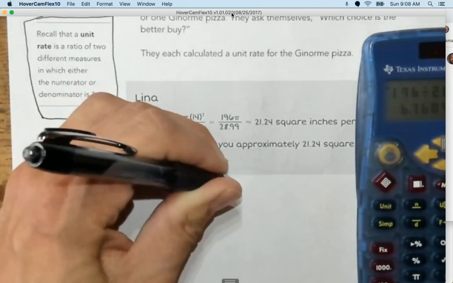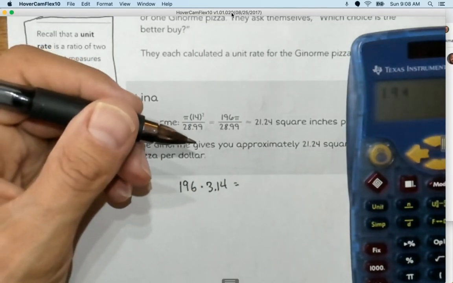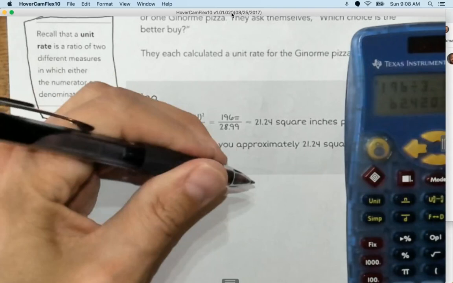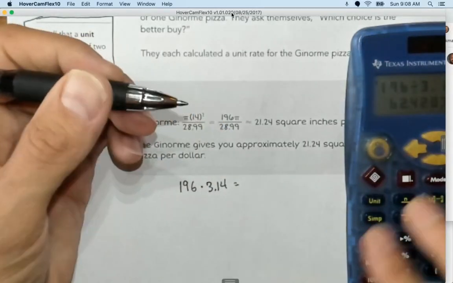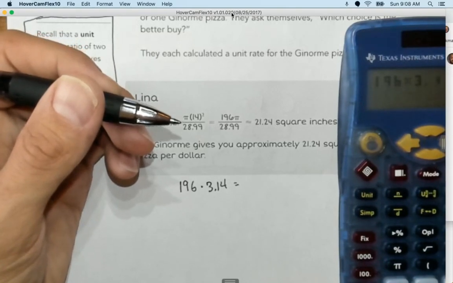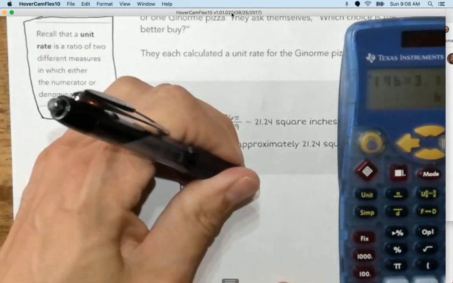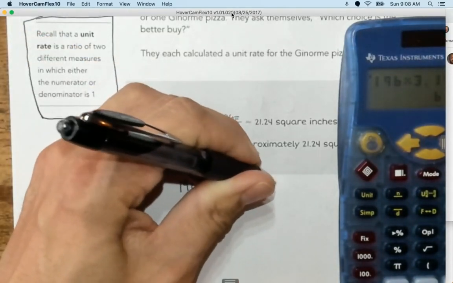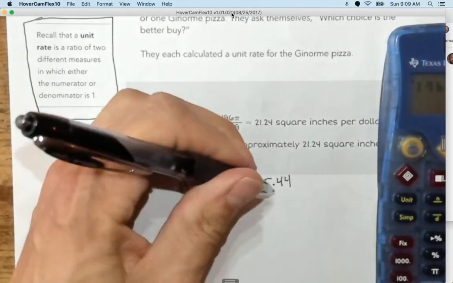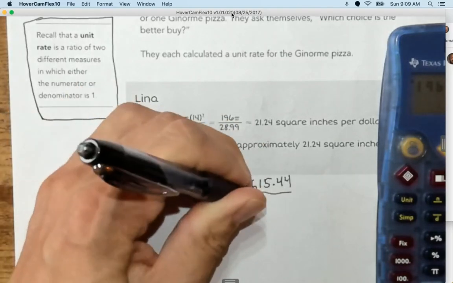When I do that, there we go. I get 615.44, and that's square inches of pizza. And then I would divide it by the price.